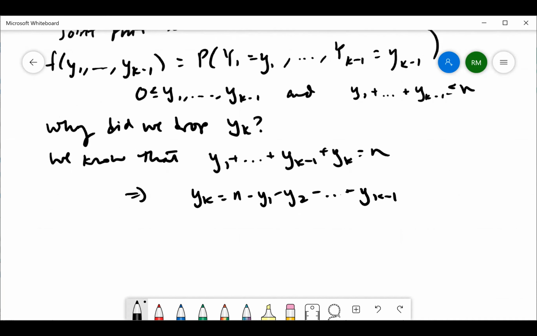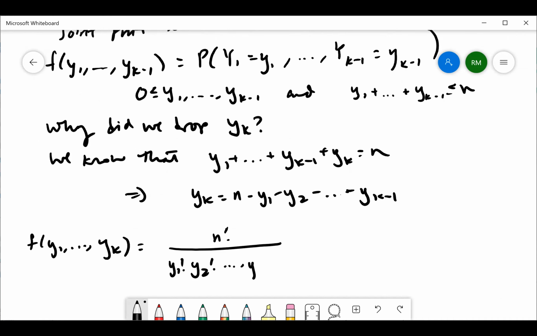Okay. Furthermore, the probability of a particular arrangement follows the multinomial distribution. All right.